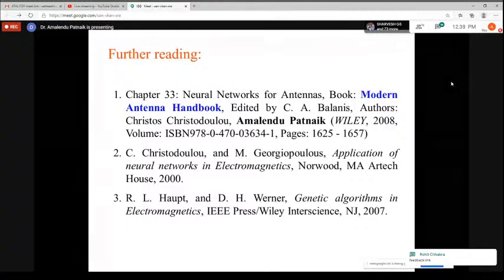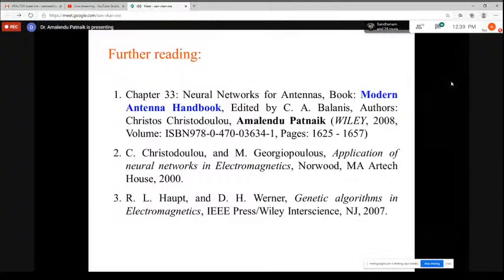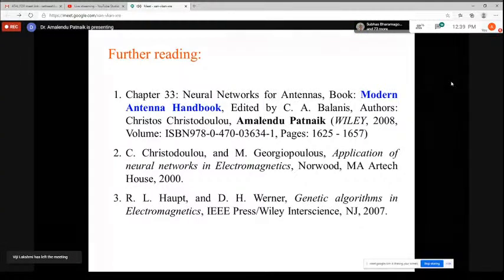It's not much different from other meta-heuristic techniques or meta-heuristic based optimizers. So the way of applying these optimizers specifically for antenna designing or electromagnetics based problems, you can get that idea from this book by Haupt and Werner.